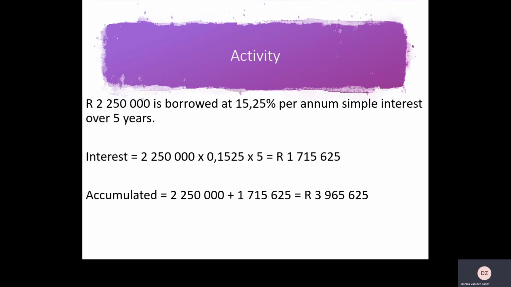And timesing it by 5 years gives me an interest amount of 1,715,625. My accumulated amount, therefore, is still the addition to the 2,250,000. That is giving me 3,965,625 rand. Any questions? Did I make a mistake? Did you make a mistake?